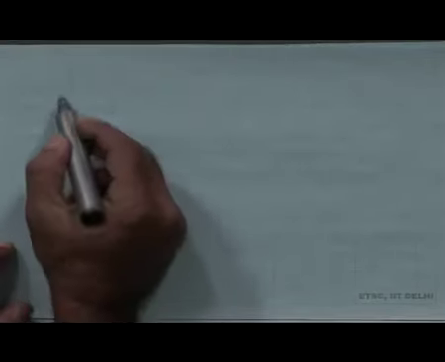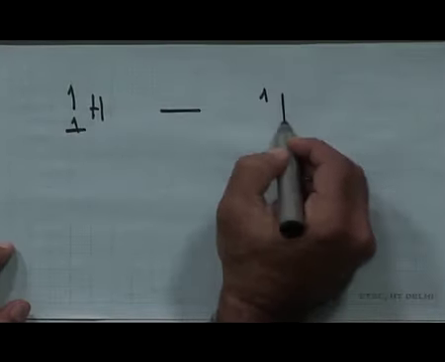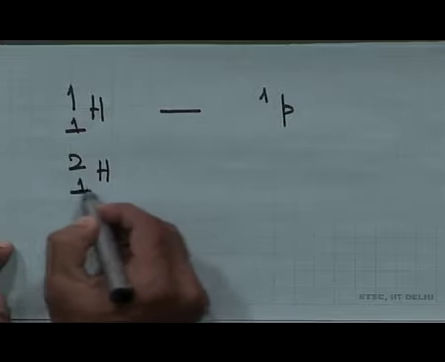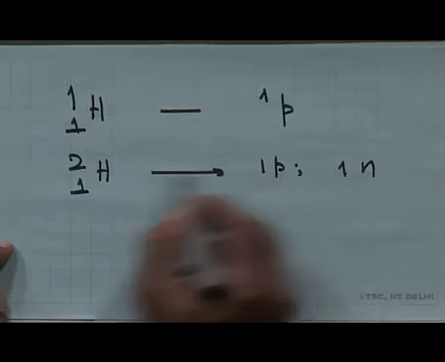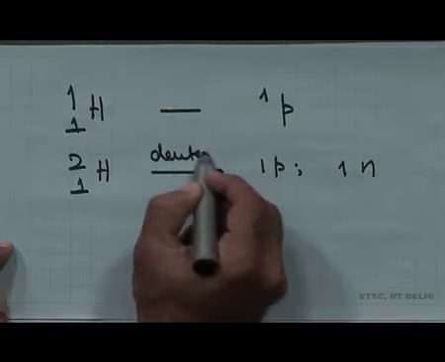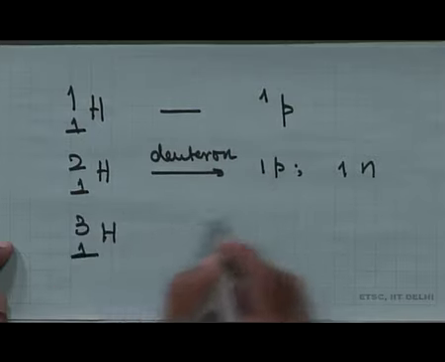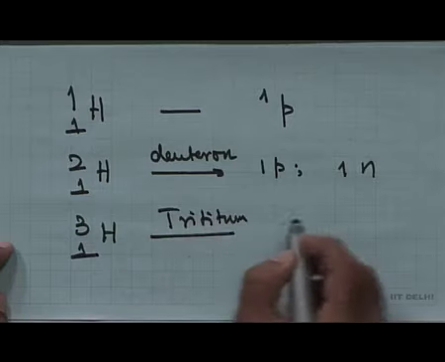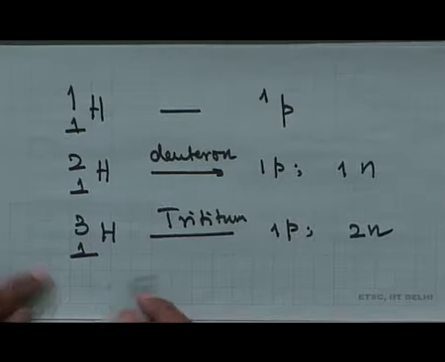So, let us look at the periodic table. You have hydrogen consisting of one proton, then you have 2H1, which is one proton, one neutron, and what is it called? Deuteron. Then you have 3H1, which is tritium, which is one proton, two neutrons.